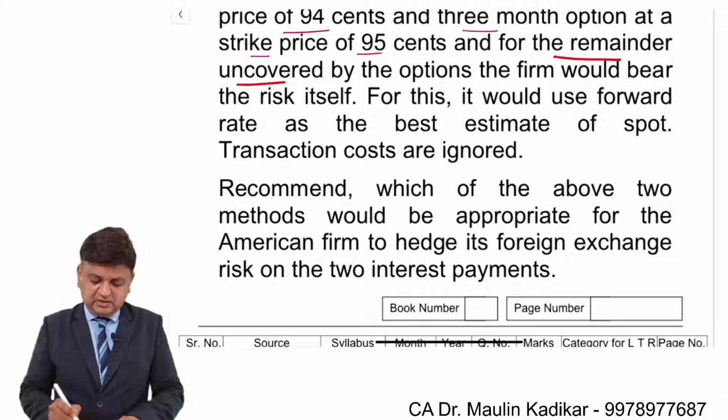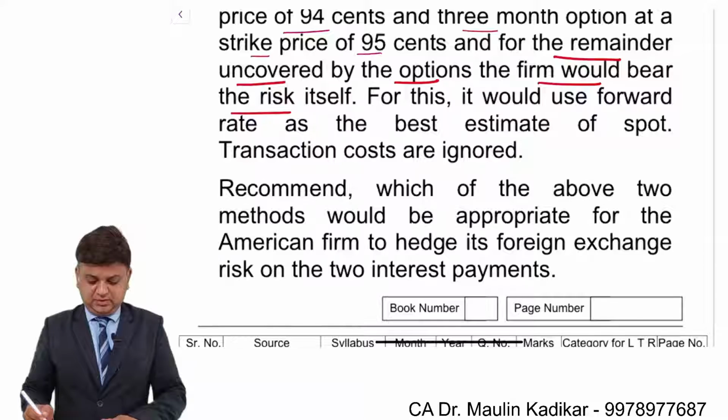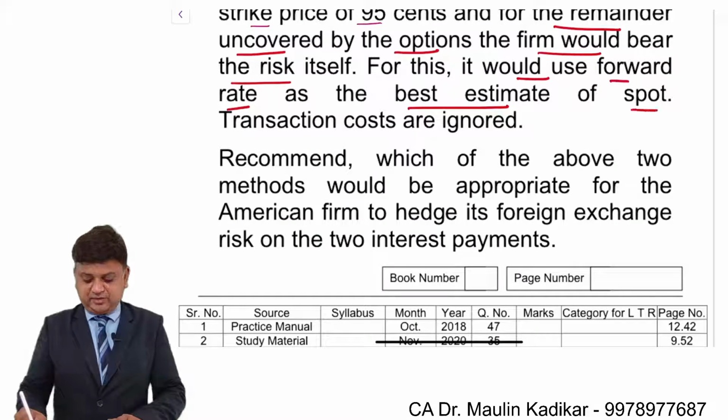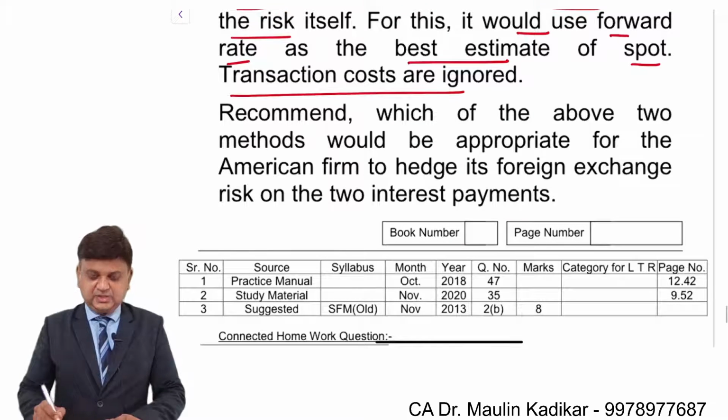And for the remainder uncovered by the option, the firm would bear the risk itself. For this, it would use the forward rate as the best estimate of the spot. Transaction costs are required to be ignored.